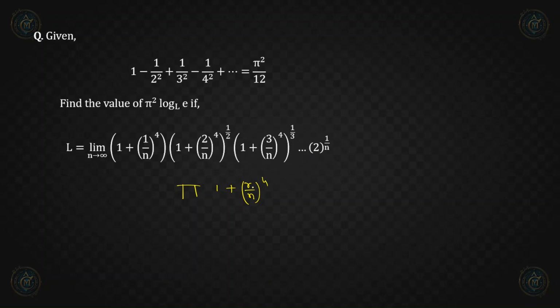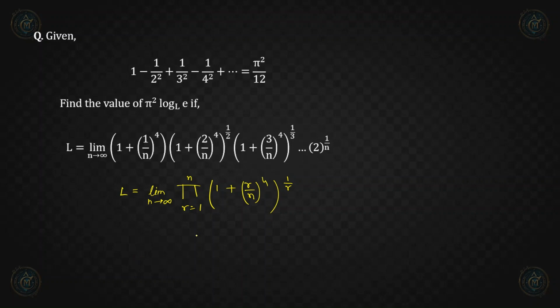So when r is equal to n, 1 plus 1 becomes 2. And then we have this raised to the power 1 divided by r. Then r is running from what to what? r is running from r equal to 1 to r equal to n. So this is limit n tending to infinity. This is our L, right?